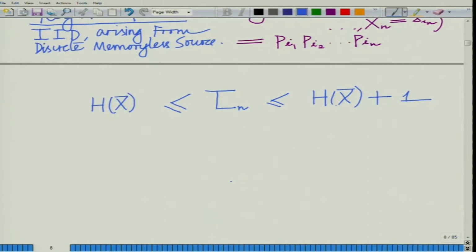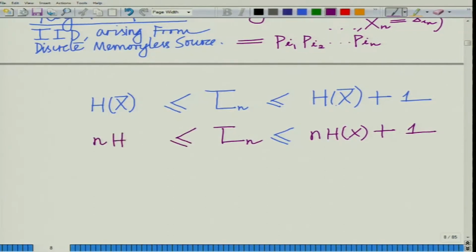Now, we know that H(X) bar is n times H(X), so replacing it, this is less than or equal to n times H(X) plus 1, and greater than or equal to n times H(X).